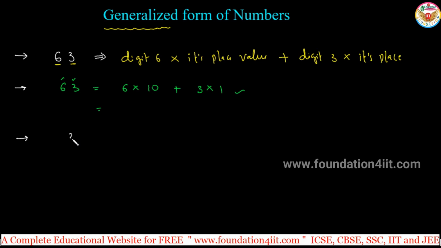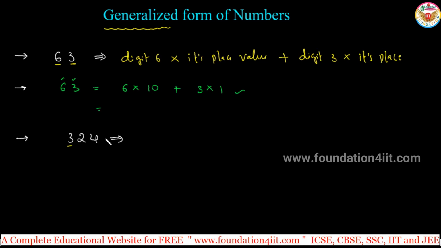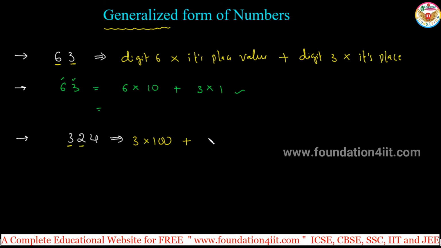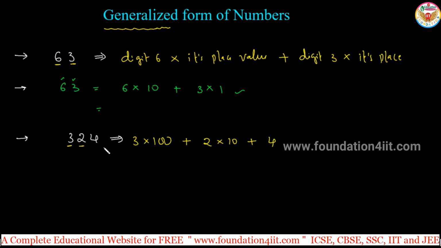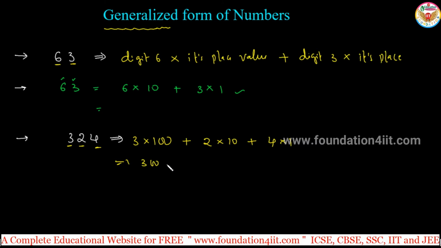If we take 324, that means digit in hundreds place into its place value 100, plus digit in tens place into its place value 10, plus 4 in units place, its place value is 1. So 3 into 100, 300, plus 20 plus 1. This is the general form.